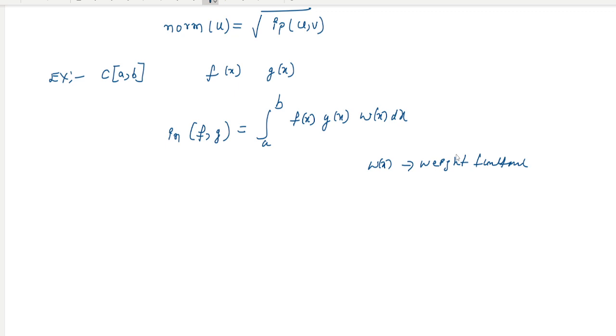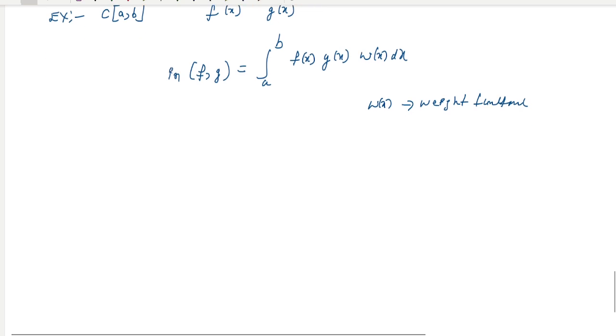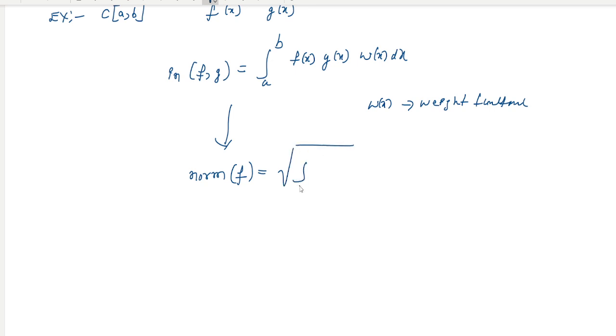So similarly, in the space of continuous functions, if you take the square root of the inner product of the vector with itself, then we can evaluate the length or norm of the vector, which can be written like this: the square root of the integral from a to b of f squared, w of x dx. So this is the inner product of the vector space.